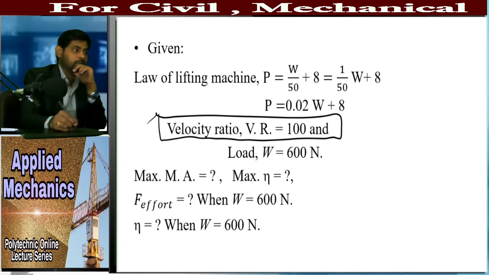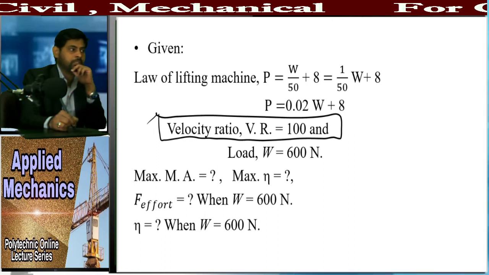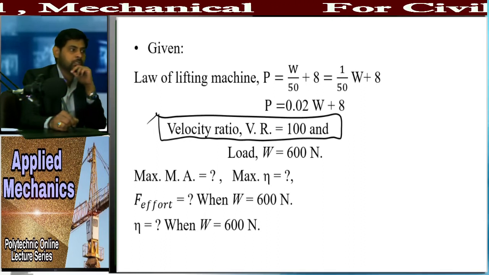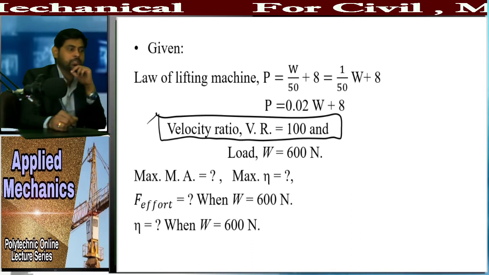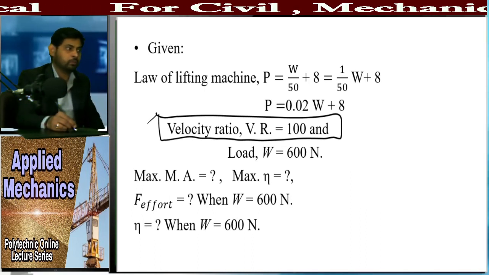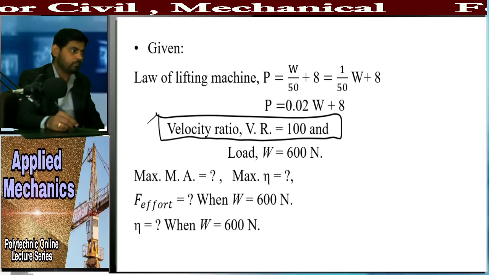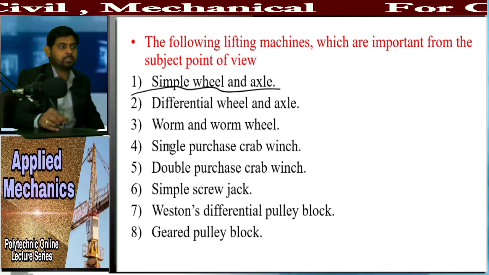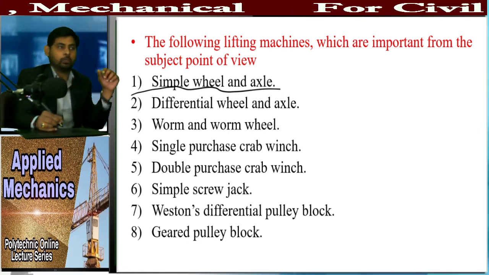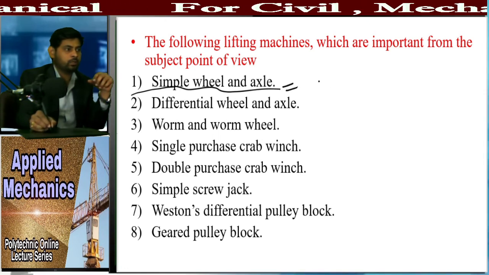But now in these 8 types of machines, which 8 types of machines? That is the simple wheel and axle, differential wheel and axle, worm and worm wheel, and whichever we are going to study. In all these 8 machines we have a separate value of velocity ratio. Today we have seen the simple wheel and axle.